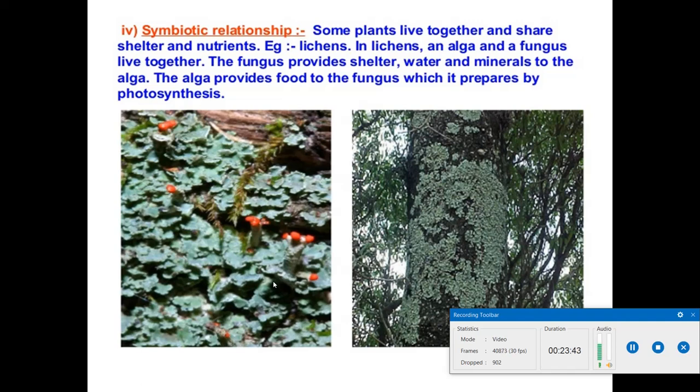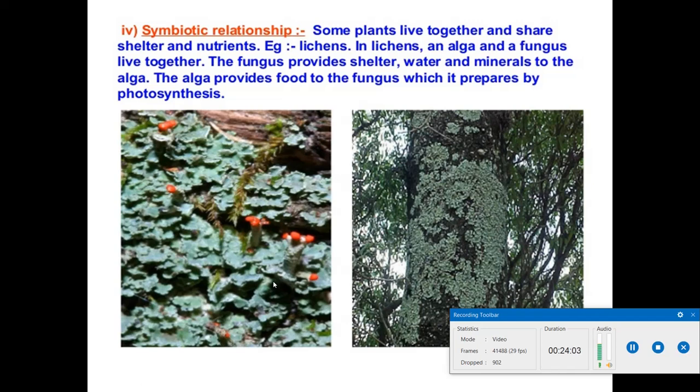Some plants live together and share shelter and nutrients. For example, lichens. It is a composite. Here, in lichens, alga and fungus live together. Lichen is a mix of two different organisms.